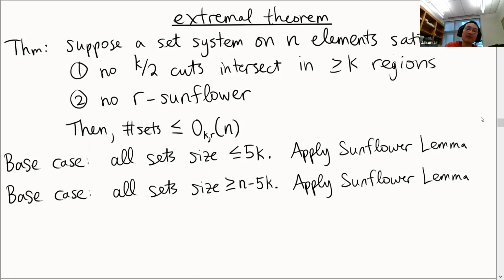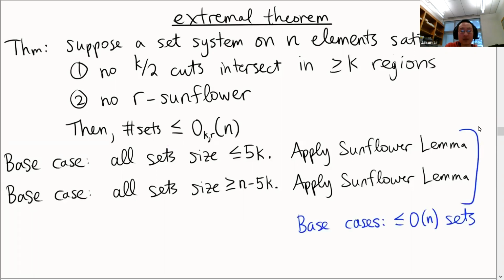Now note that the complements of all the sets should also not have an R sunflower, because these are cuts, so we can take either the set or its complement. So in this case, we apply the sunflower lemma on the set of complements, and this is also okay. So in the base cases, if all sets have size at most 5k, or all have size at least n minus 5k, then there are a linear number of sets.